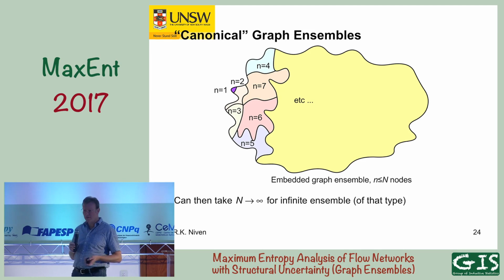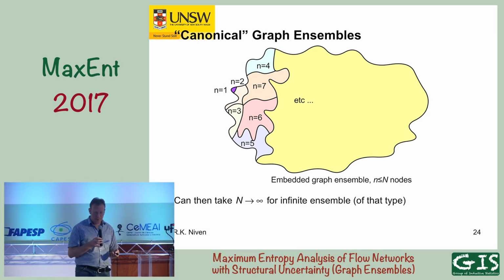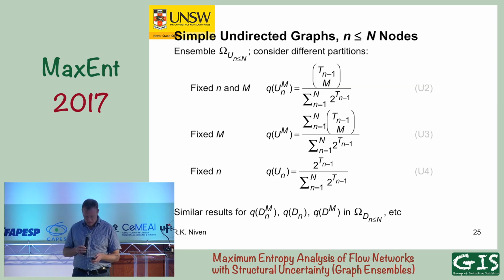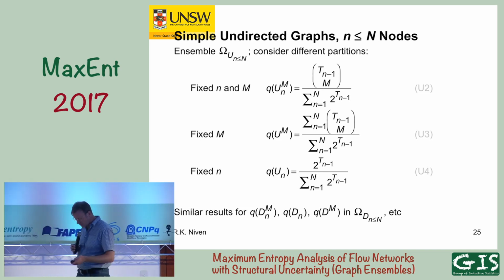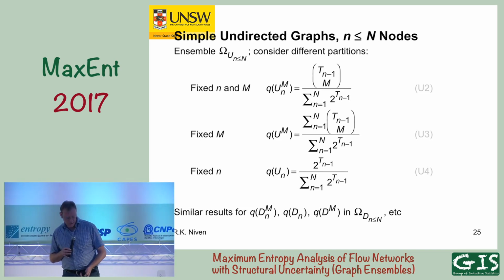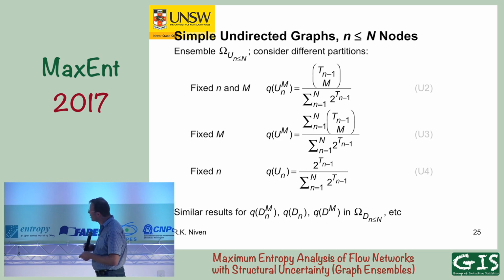And then you can do some even further tricks like take capital N to infinity and proceed accordingly. So when you do that, what you get is a whole bunch of priors for different examples. This is again just examples of the undirected graphs.